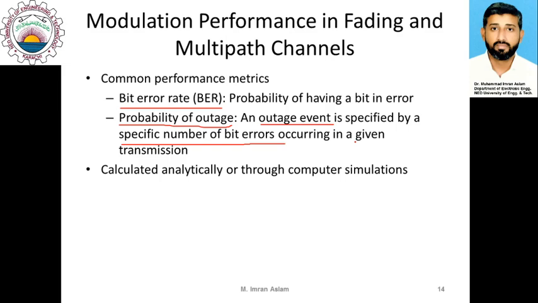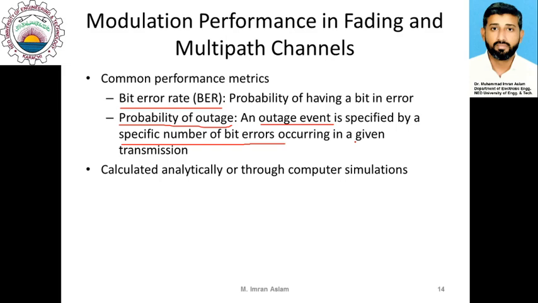So whenever we have errors which are greater than 10% of the data bits in that data group, we would say that this is an outage event, and we would have a certain probability of outage. And of course a better system would be one with a smaller probability of outage.